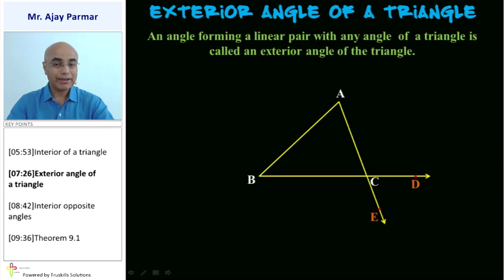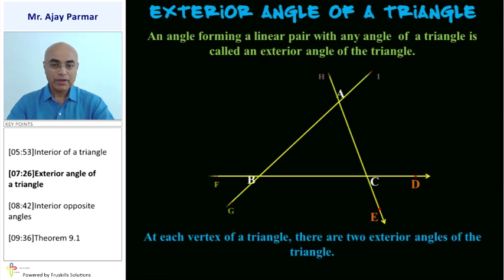Similarly, we can have angle BCE forming a linear pair with ACB once again, so that also forms an exterior angle. That means at each vertex we have two exterior angles.